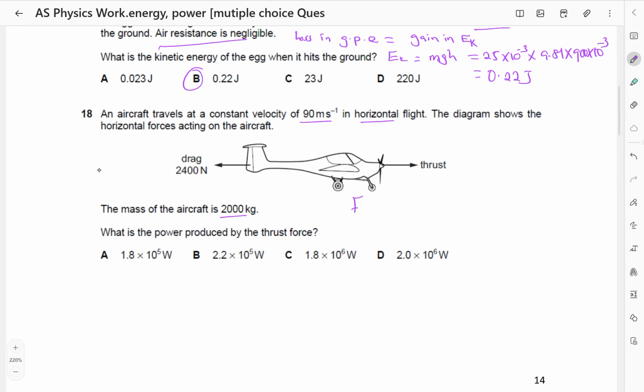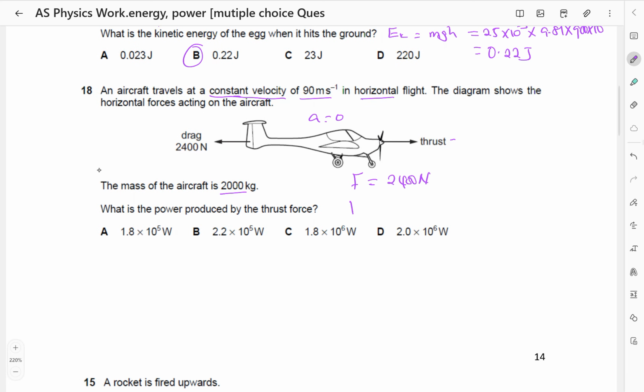The thrust force, which I'm going to call F, is going to be equal to 2,400 newtons. Why? Because it is moving with a constant velocity, the resultant force is zero. So the force forward is 2,400, which is equal to the force backwards. There is no resultant force, there is no acceleration. That's why they are saying velocity is constant.